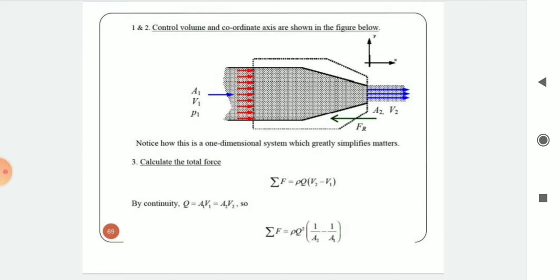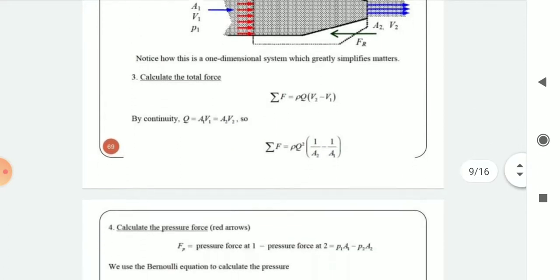Calculate the total force: summation of F is equal to rho Q (V2 minus V1). By the continuity equation, Q is equal to A1 V1 is equal to A2 V2, and so on. So the resultant summation of F is equal to rho Q squared (1 over A2 minus 1 over A1).